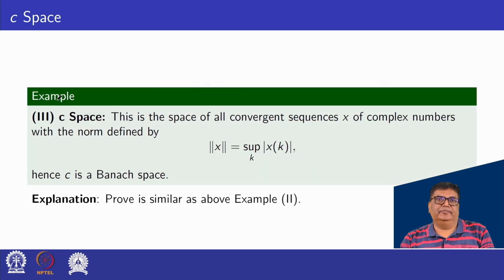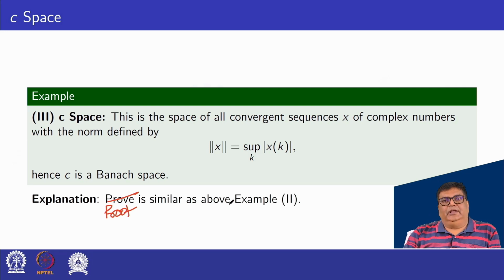Now the c space, this is similar to the L infinity space. This is the space of all convergent sequences x of complex numbers with the norm defined by norm x equals supremum over k of mod x_k. Hence c is a Banach space.